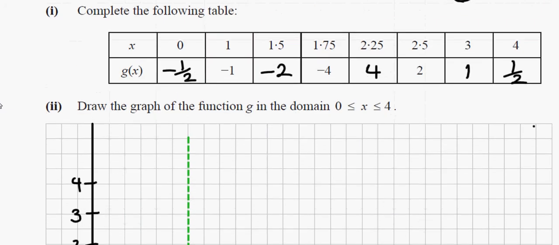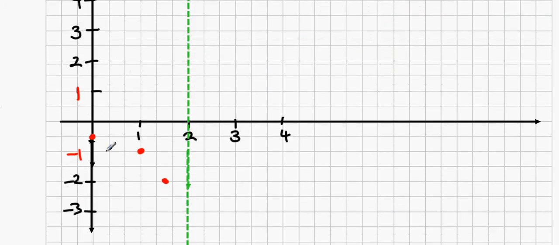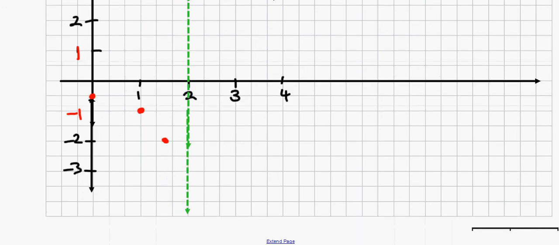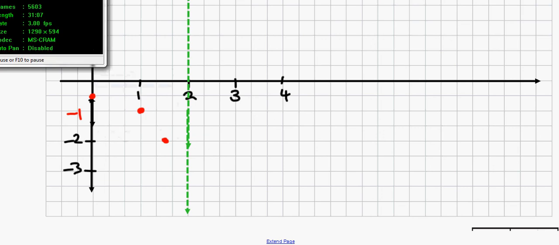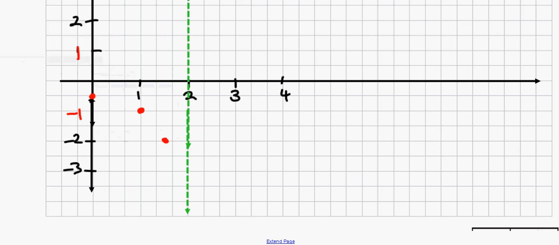1.75 is minus 4, so we have to go all the way down to minus 4. We need to get minus 4 included on this graph as well.